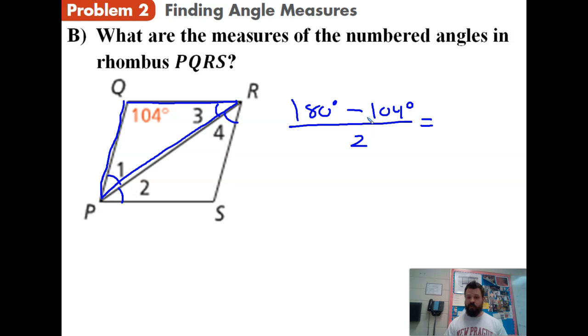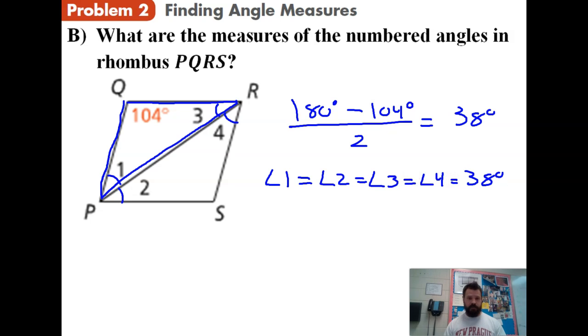So 180 minus 104 is going to give me 76. And if I divide that by 2, that's going to give me 38 degrees. Okay, so for the answer to this one, we can just say angle 1 is equal to angle 2, which is equal to angle 3, which is equal to angle 4, which is equal to 38 degrees.